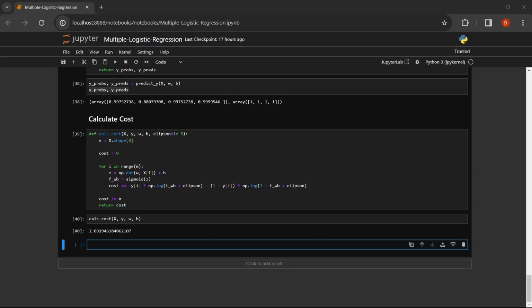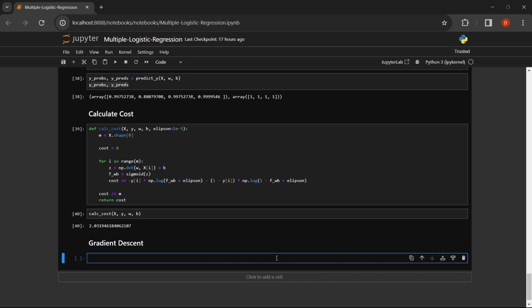Okay, so let's create a new section for gradient descent. Alright, and like we did earlier, let's write a function that just calculates the gradient, and then we'll write a separate function to apply that in the gradient descent.